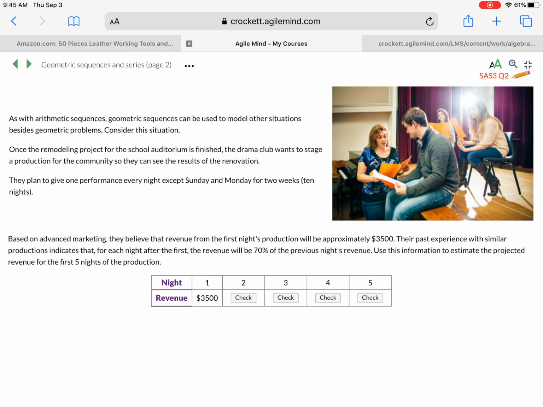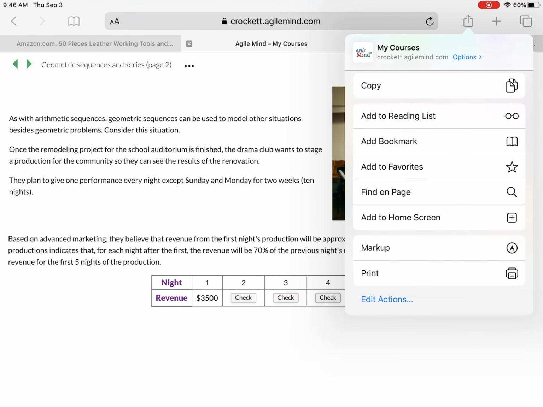For each night after that, they think the revenue will be 70% of the previous night's revenue. Use this information to estimate projected revenue for each of the first 5 nights of the production. Then write a function rule that models this situation.